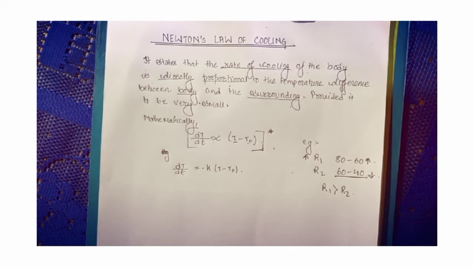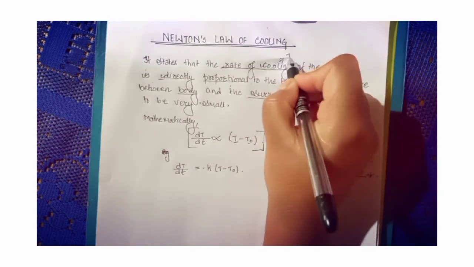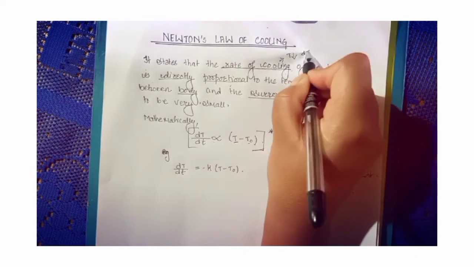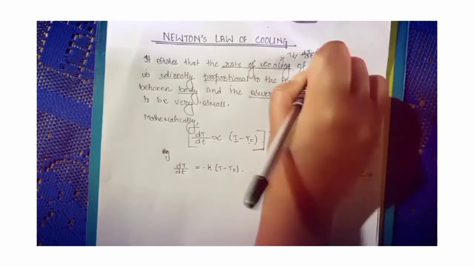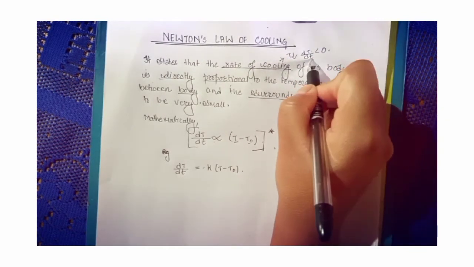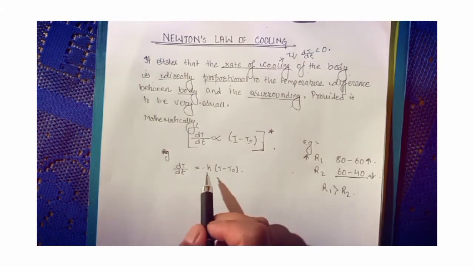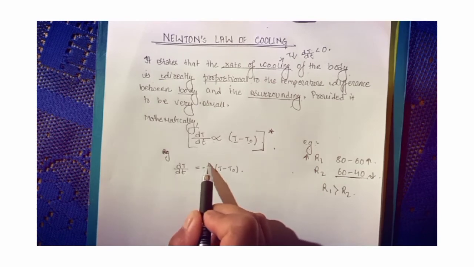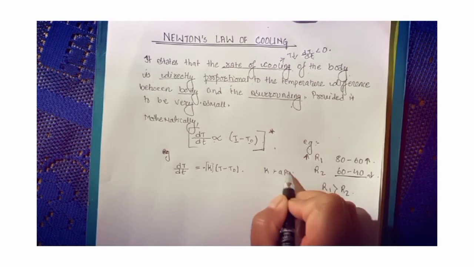So during cooling, if the temperature decreases, then dT/dt will be less than 0. So here the rate of change of temperature per unit time will be negative. And here k is nothing but a positive constant.